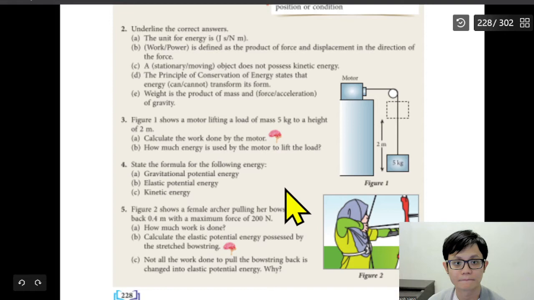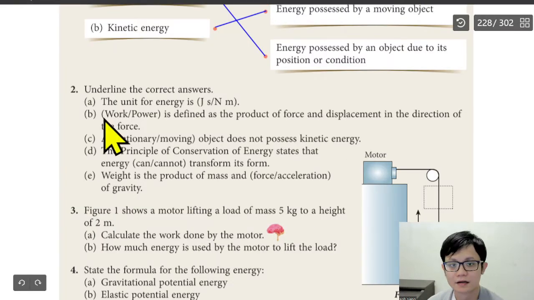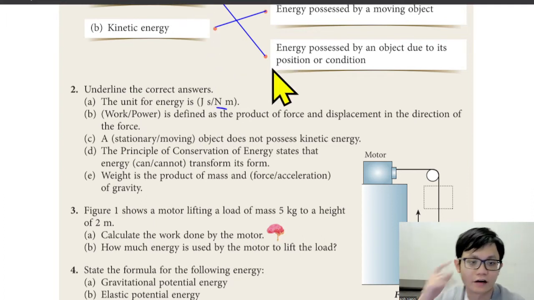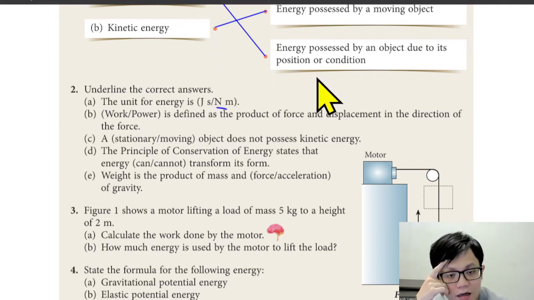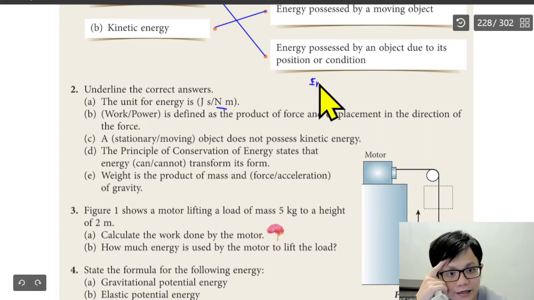Now question number 2, underline the correct answer. The unit for energy is joule, or you can write it as Nm. Correct or not? Because we know that work or energy equals force times distance.